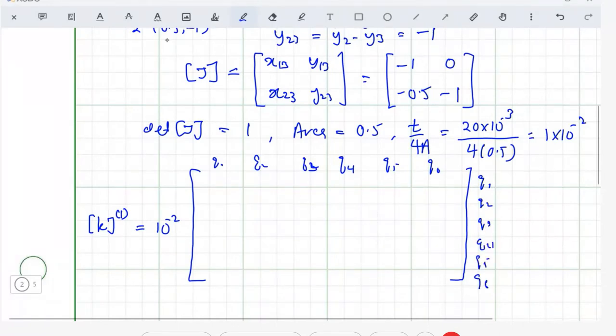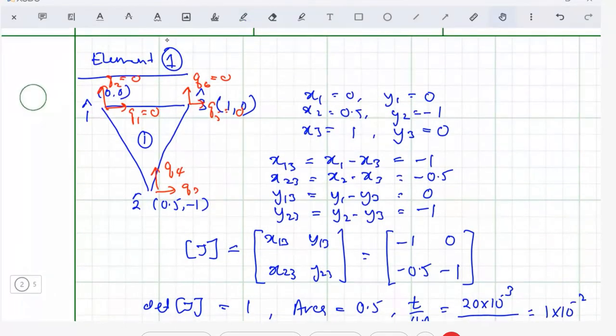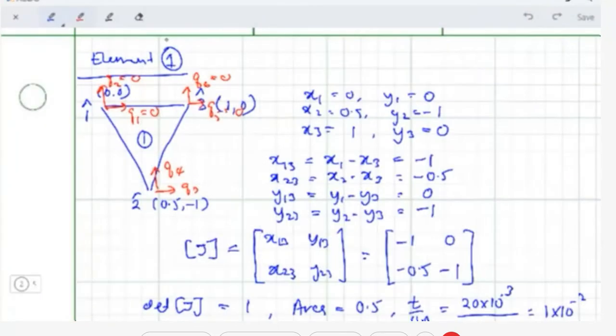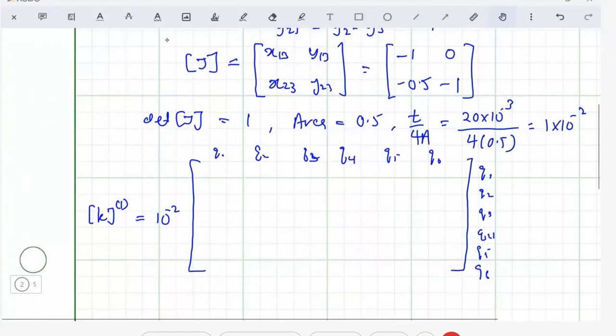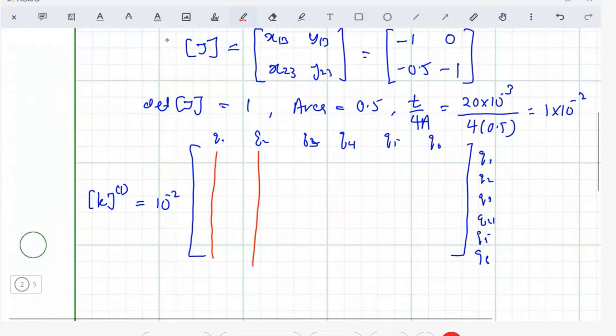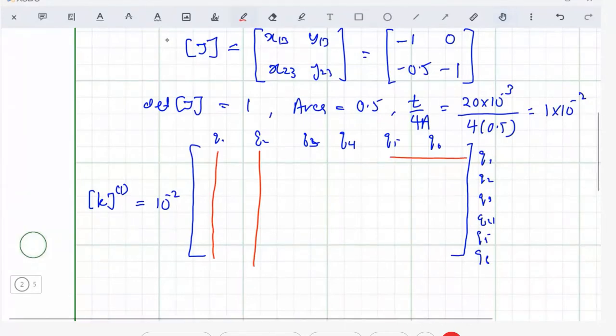But note that we are not interested in Q1 and Q2 because they are zeros. There's no displacement at all because it is fixed. So we are not interested in this column and this column. Note in this question, it is not asking you to find the reaction, right? So when reaction is not needed, we can also cancel out this.